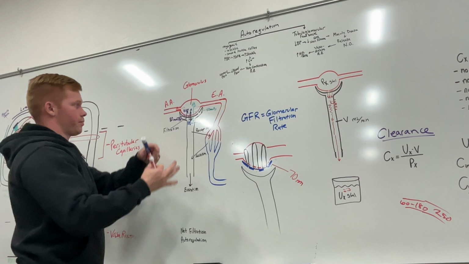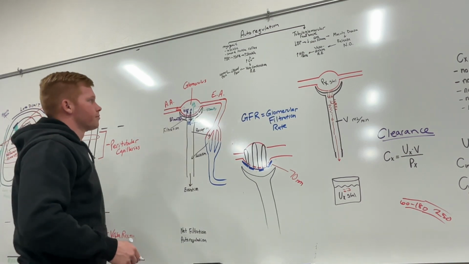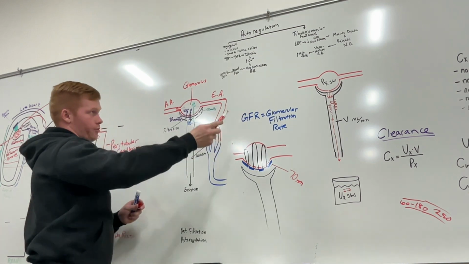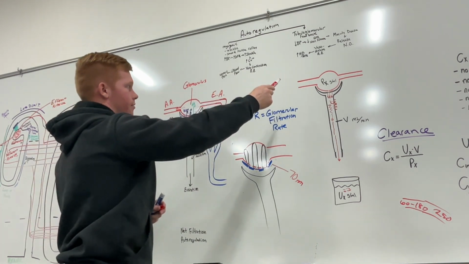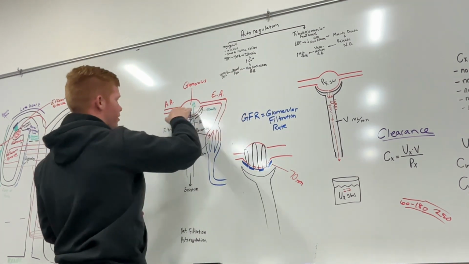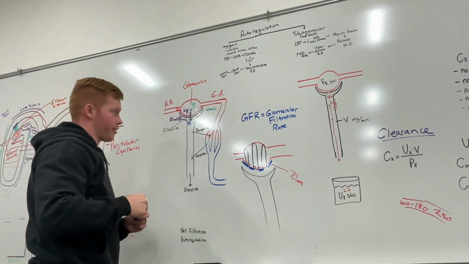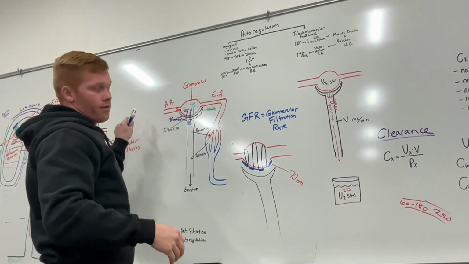It's going to be able to be smaller, with less pressure. So this is in reference to the glomerulus when we're talking about constriction. We're talking about constriction of the afferent arteriole, but about how it affects the pressure within the glomerulus, not within the vessels of the body.